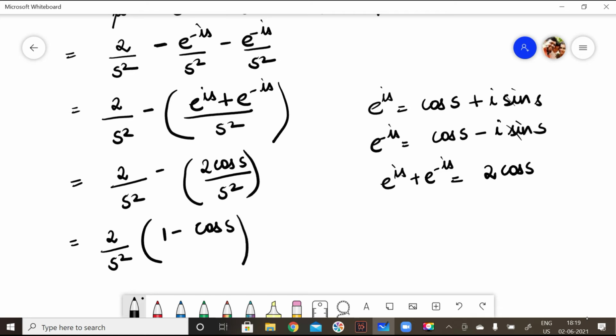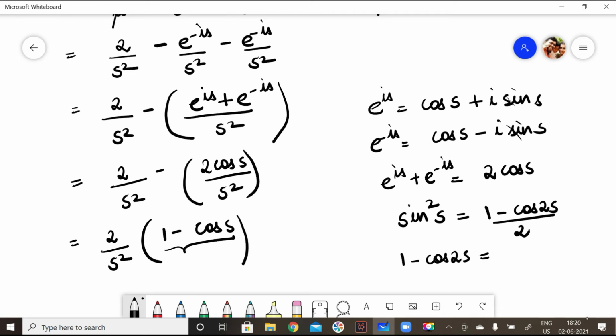Now I have a formula for this 1 minus cos s. Okay, so how is 1 minus cos s written? Sine square s is equal to 1 minus cos 2s by 2. So now compare this with the problem. In my problem, I have 1 minus cos s. So I will rechange this. 1 minus cos 2s is equal to 2 sine square s.